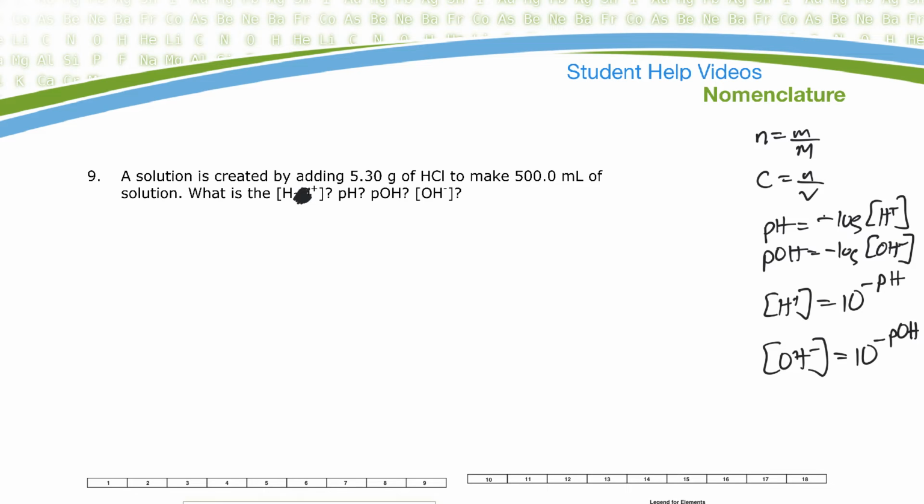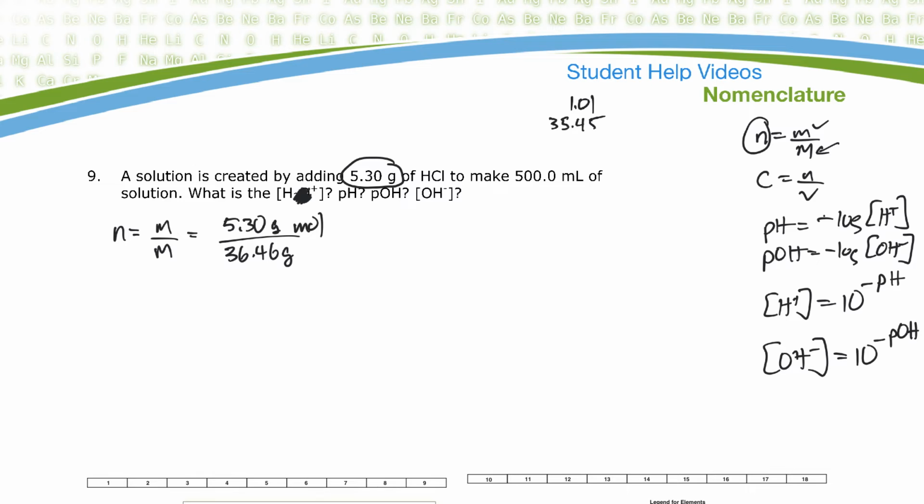Okay, so if they give me grams, that's a mass. I'm starting here. I can figure out the molar mass of HCl, so I can figure out the moles. Mass over molar mass. So 5.30 grams divided by, okay, hydrogen is 1.01, chlorine's 35.45. So it's 36.46 grams per mole.